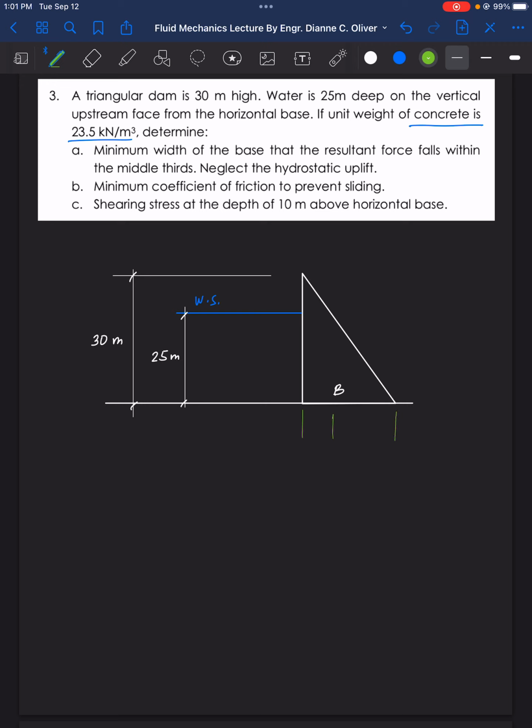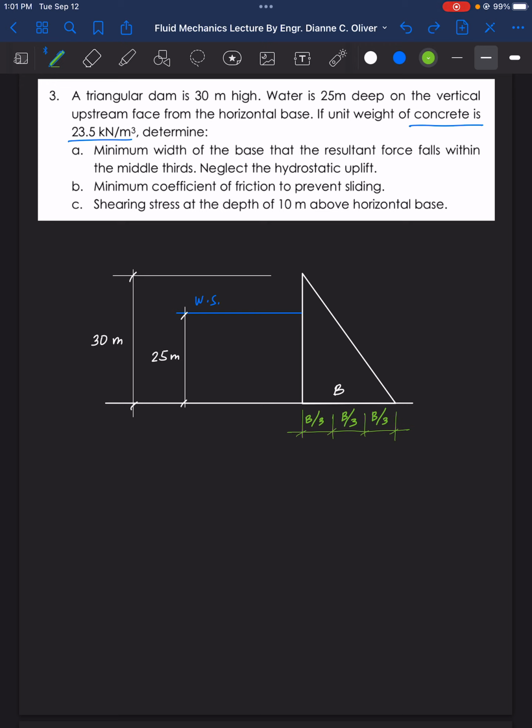So this is B over 3, B over 3, and this B over 3. Those are the thirds, and the middle third here is this one.